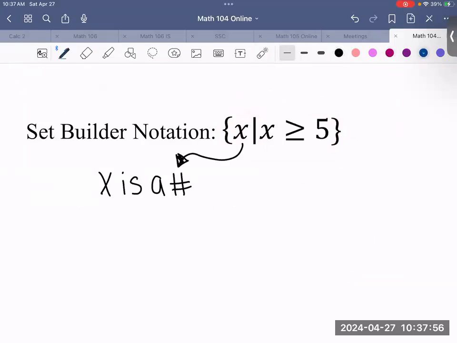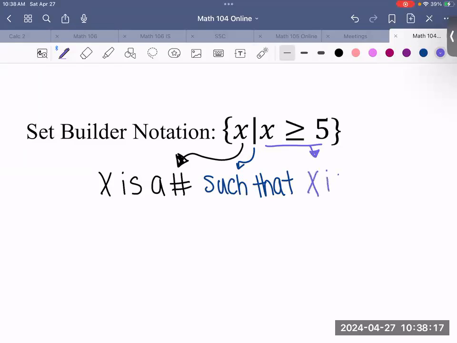And then this part here is the word such that, or so that. And then the following is what we can put into words. How would you say this next part?